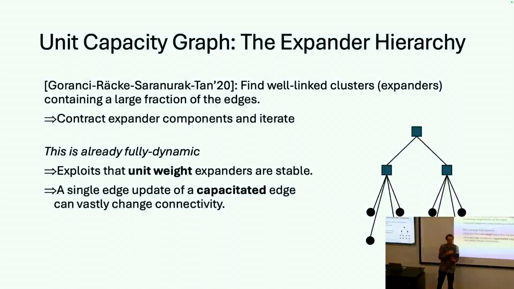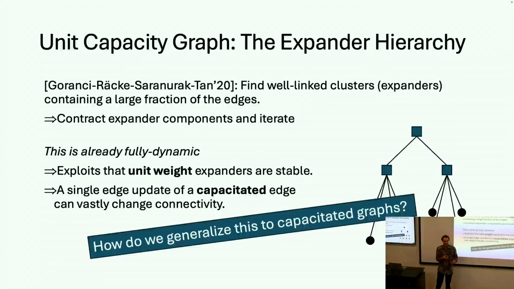But crucially, if you add capacitated edges, deleting and reinserting an edge can really mess up your expander. It can be that a single edge has half the capacity of all the edges in the graph, and then inserting and deleting this edge messes up your whole structure. So this does not work well for capacitated graphs, and nobody generalized this to capacitated graphs, which we really need for it to be useful for us.